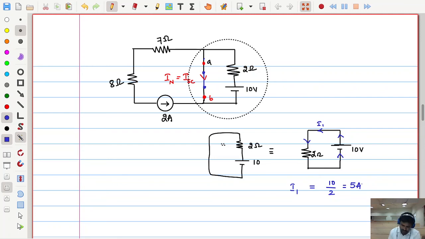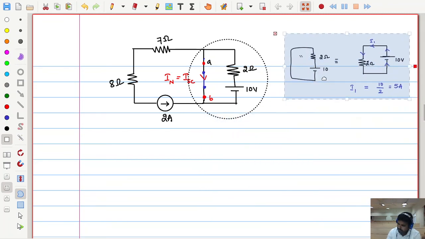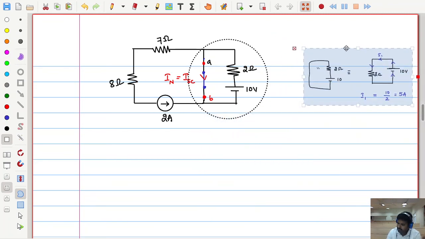So with this knowledge I can make this current I1, 5 amperes.